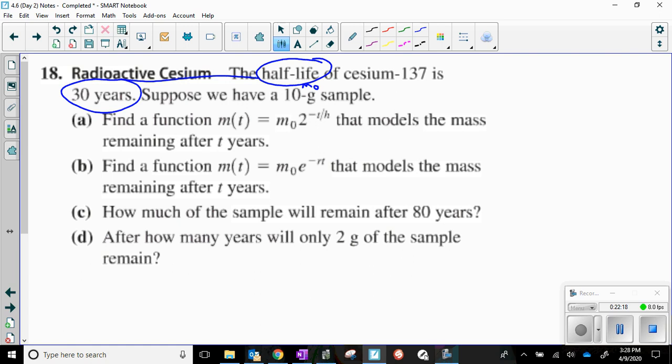So that's the h for part A. So for part A, the mass as a function of time is going to be 10 times 2 to the negative t over 30.